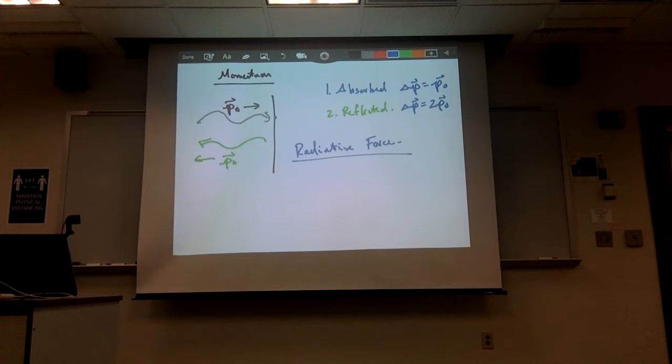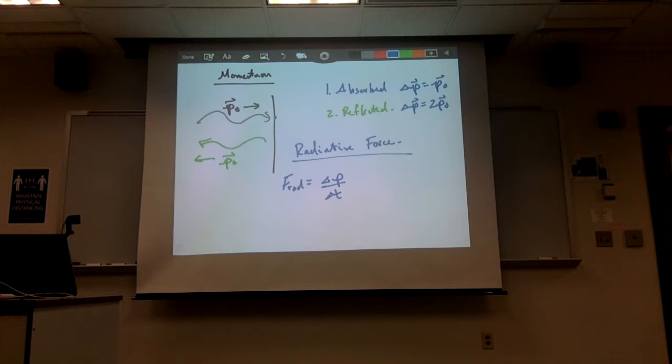So anybody remember how momentum relates to force from 205? It has to do with time. So we call the radiated force that is equal to the change in momentum divided by the change in time. So this is the force.